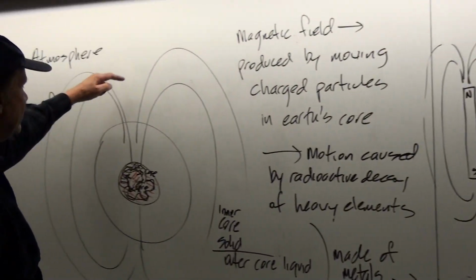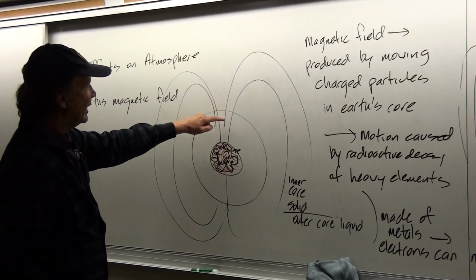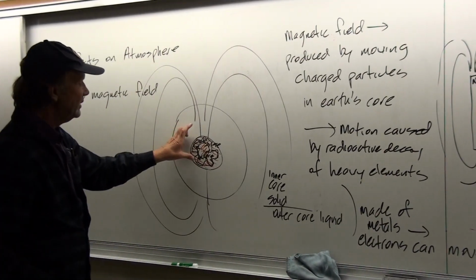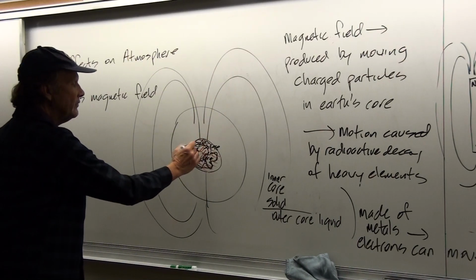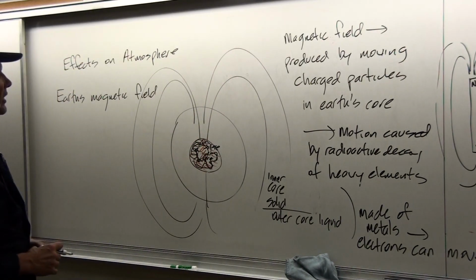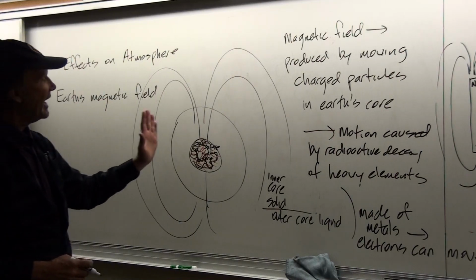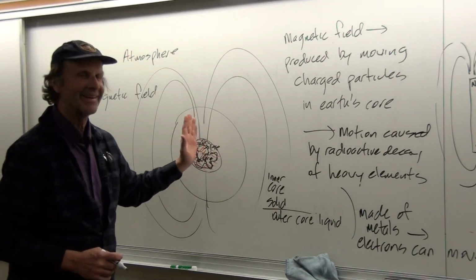And so we see the Earth, even though it doesn't have a bar magnet in its interior, has motions that are occurring in the outer core, driven by the release of heat from radioactive decay, that makes it act as if there were a magnet in there.